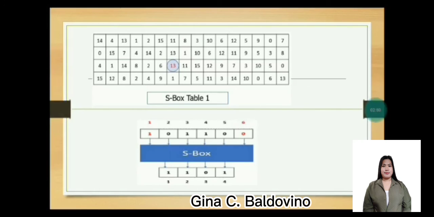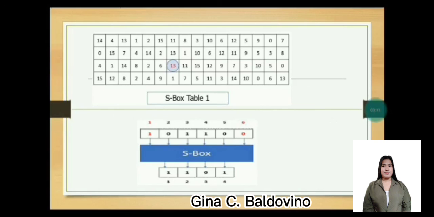For example, in the figure above, you can see that the input bits at positions 1 and 6, 10, represent 2, which determines the second row, and the middle 4 bits 0, 1, 1, 0 represent 6, which determines the sixth column of the S-box.